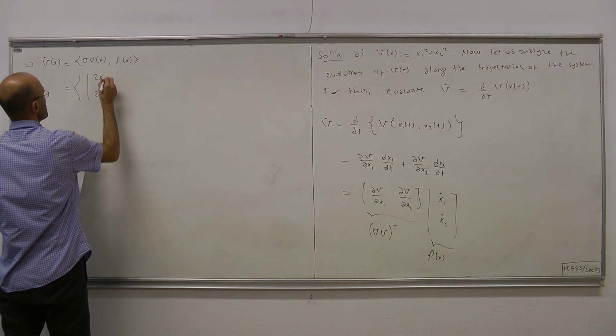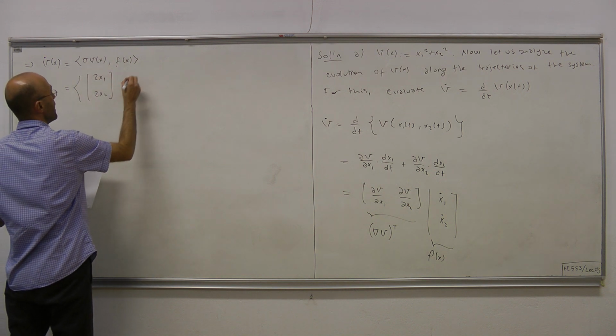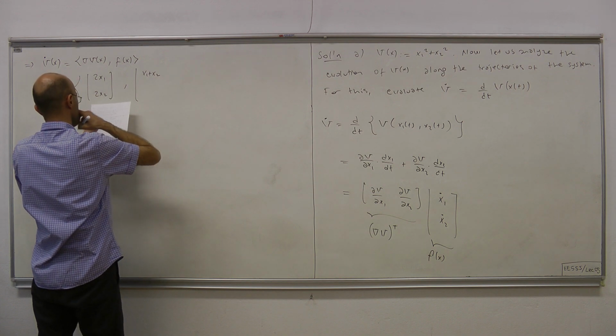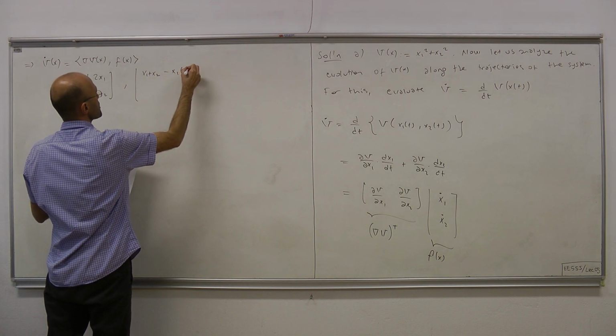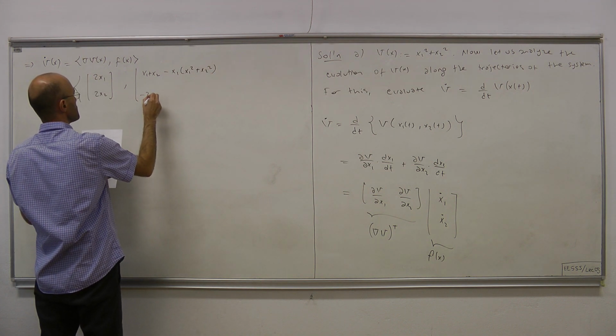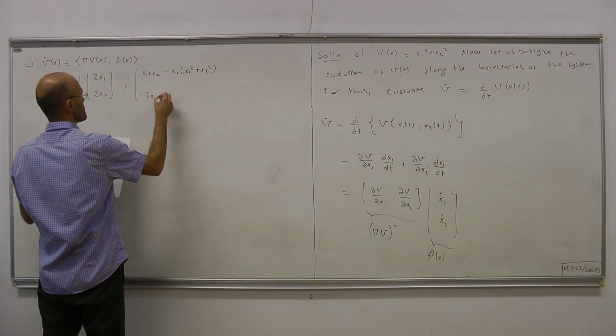This is the gradient vector, and the right-hand side is x1 plus x2 minus x1 times (x1 squared plus x2 squared), and minus 2 times (x1 plus x2).